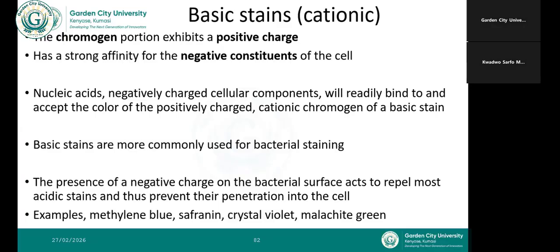But when you talk of biological stain, it should have the three components. And it's staining based on the charge that is carried in that particular biological stain or the biological dye.